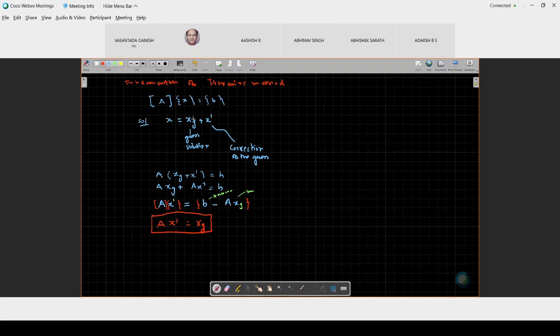What the iterative method says is: guess the solution, correct it. Iterative methods are a guess and correct approach. You guess it, then use this expression and find out the x prime.